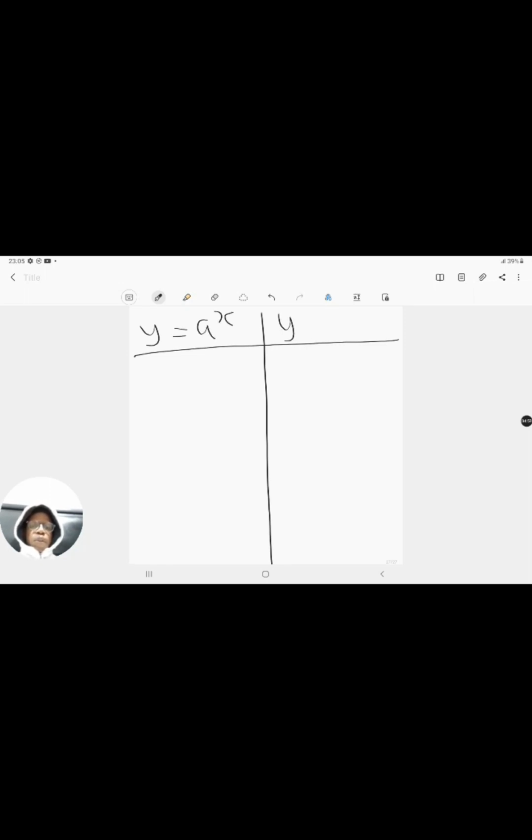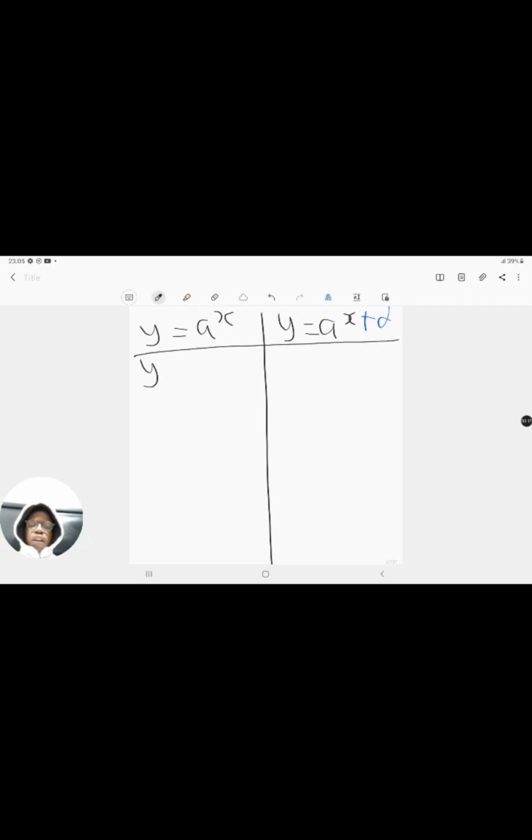In the second column, I'm going to have y is equal to a to the power of x plus d. Then I'm going to put in actual numbers. I'm going to use an example.